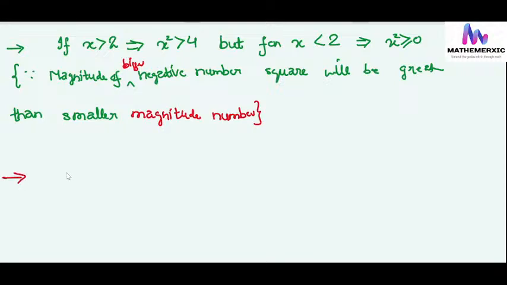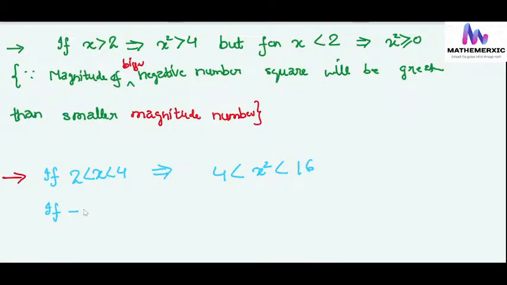So x square is greater than 0. We can conclude a few things here. If x is greater than 2 and less than 4, then it implies that x square is greater than 4 and less than 16.